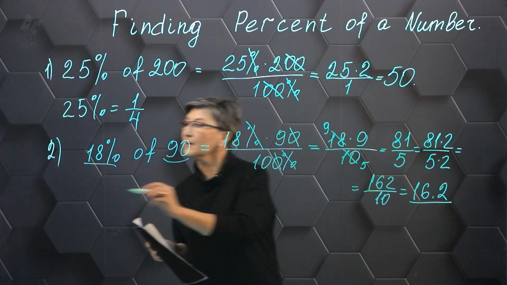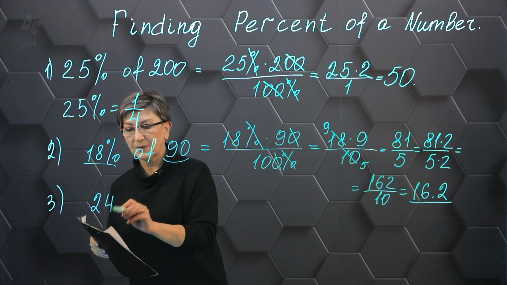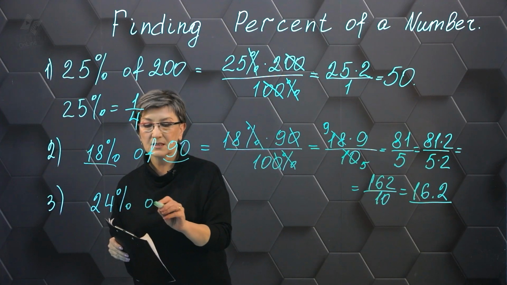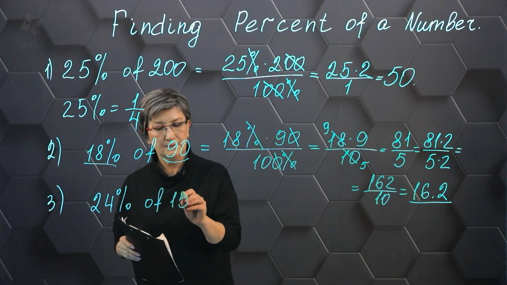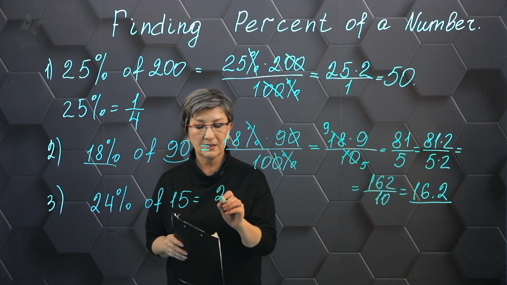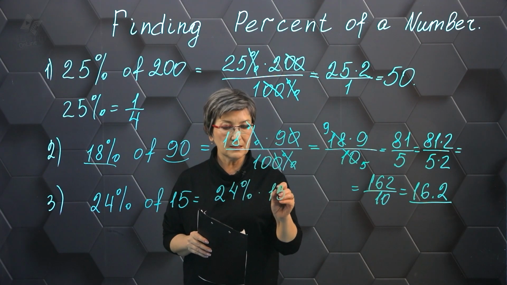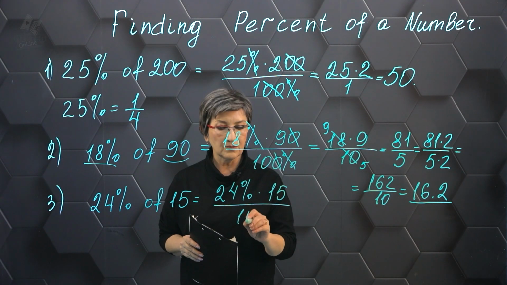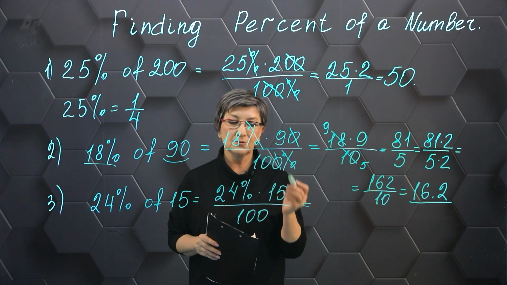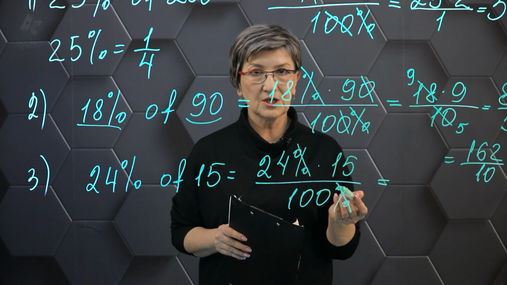And one more example, where we need to find 24% of 15. We will use our rule to do this. We multiply 24% by 15 and divide by 100%. The sign of the percent is reduced.